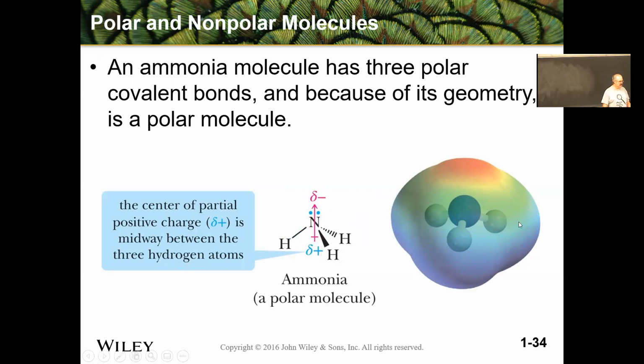We have a similar situation with ammonia. Because ammonia's not a flat molecule, it is polar. Each NH bond is polarized toward the nitrogen, and the 3 bonds reinforce each other.